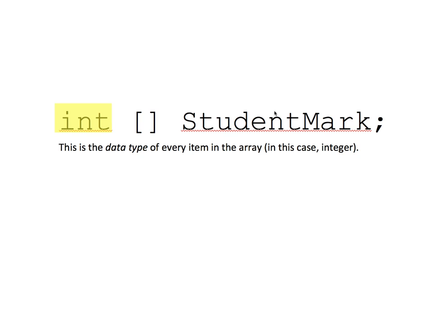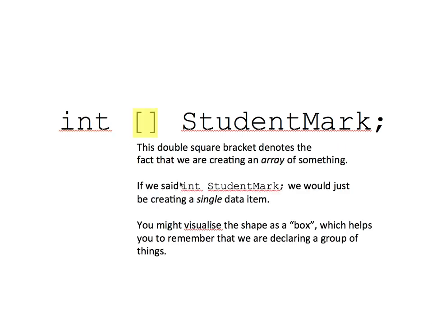So the first part of the declaration specifies the type of data that we're storing in this array, in this case integers. Every item in the array needs to be of the same type. We can't mix and match. So the square bracket is notation to specify that we're creating an array of something. We can think of it rather like a box.